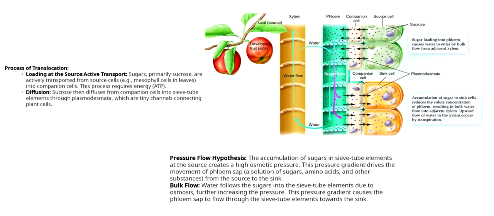There are two hypotheses here, and both are the same, because the pressure flow hypothesis also tells us that food from the source cell is loaded into the companion cell, as you see, and from the companion cell it diffuses into the phloem.